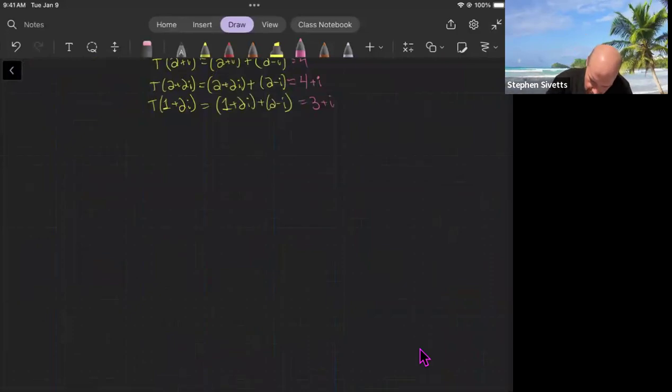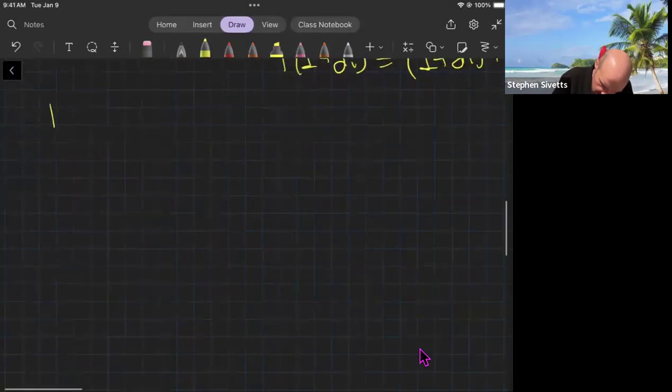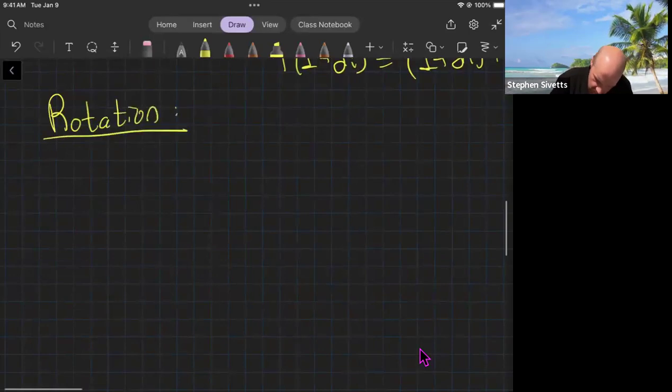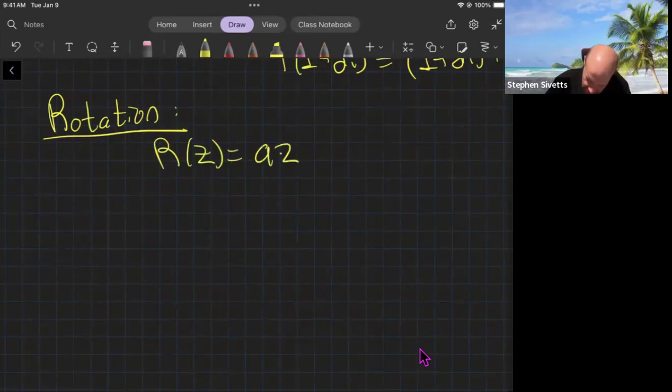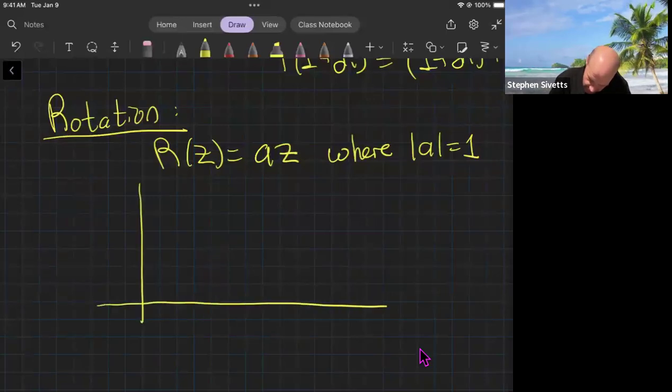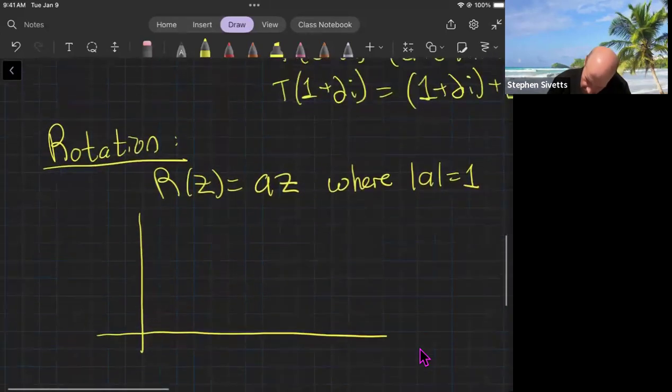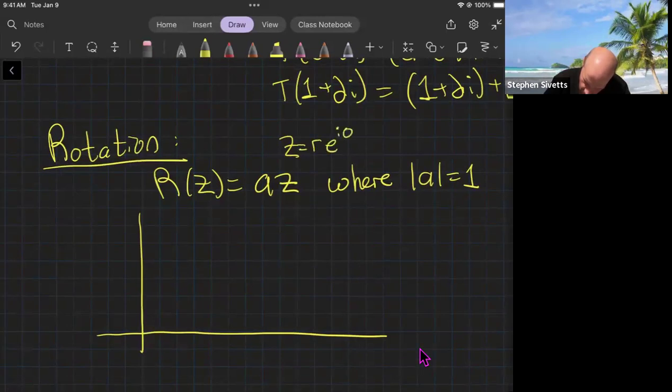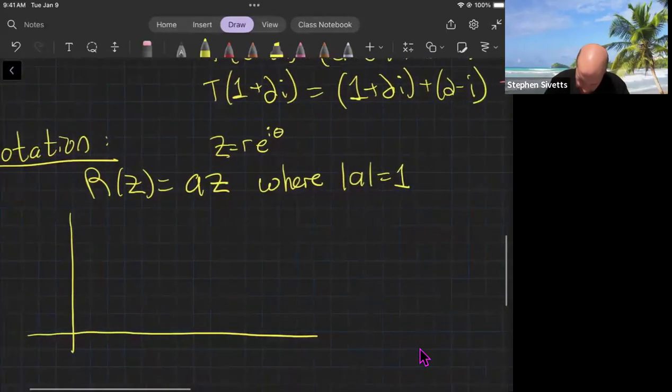Next, let's look at what a rotation would look like. So a rotation will correspond to a function that looks like this. R of z is equal to a times z, where the modulus of a is 1. Okay, so basically what a rotation is, we can write out z in terms of polar coordinates, r e to the i theta.